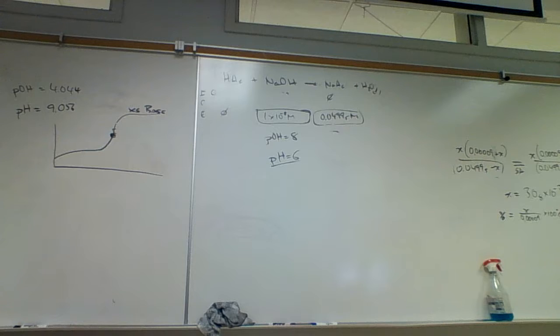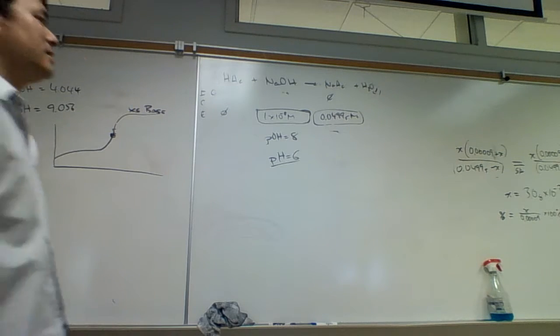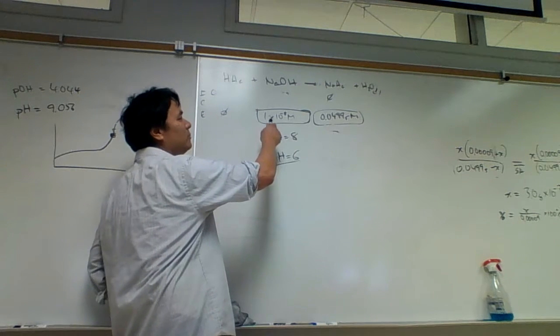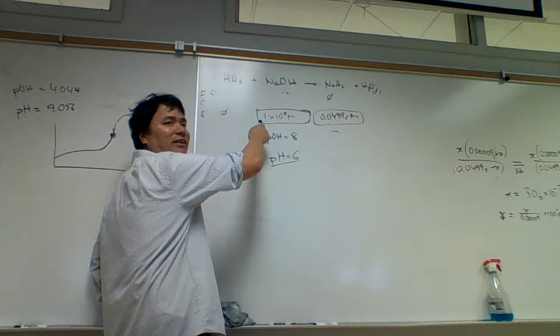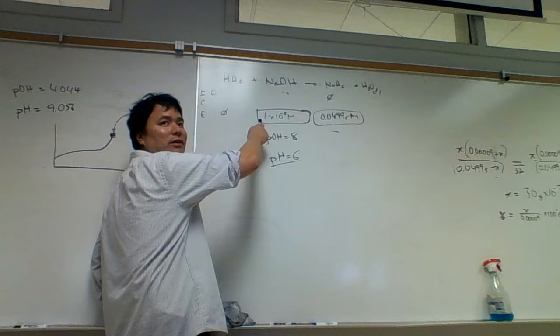pH 6 is acidic. Do strong bases make acidic solutions? So something's very wrong here. What is very wrong? What's very wrong in this case is that the strong base isn't going to be the main producer of hydroxide in this solution.